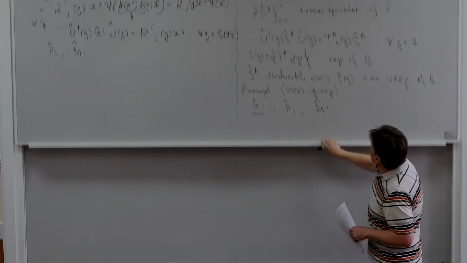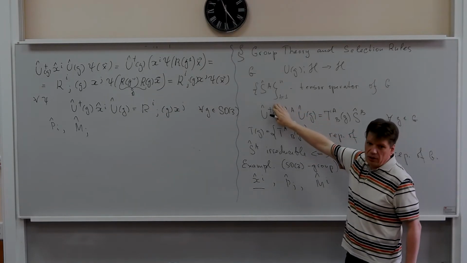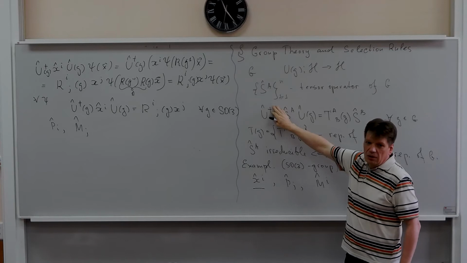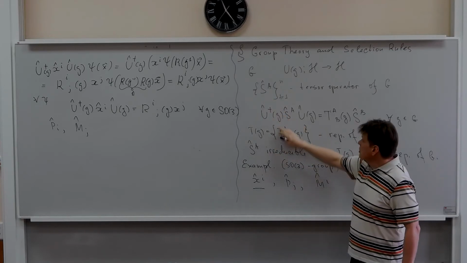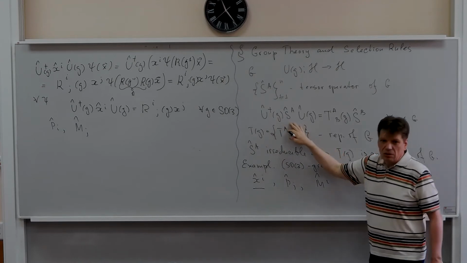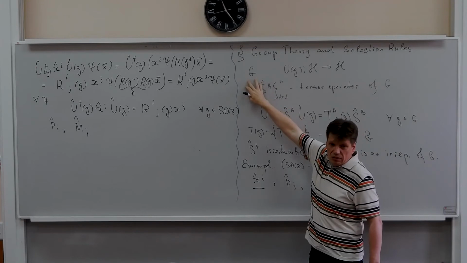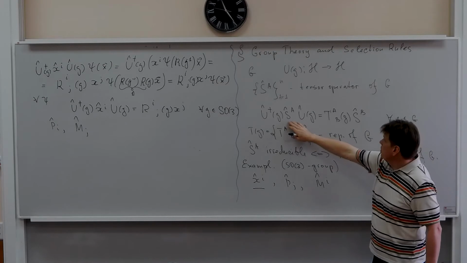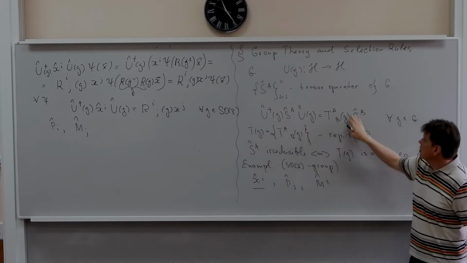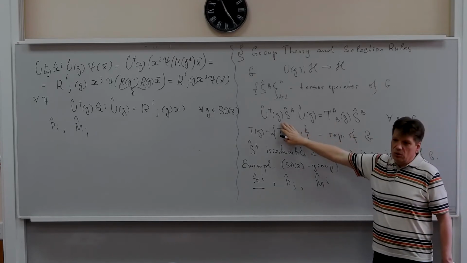We have introduced the notion of a tensor operator, which is actually a set of operators S_A with a specific transformation law with respect to some group G. And to any tensor operator, we can associate some representation T. And if this representation happens to be irreducible, we speak about an irreducible tensor operator.